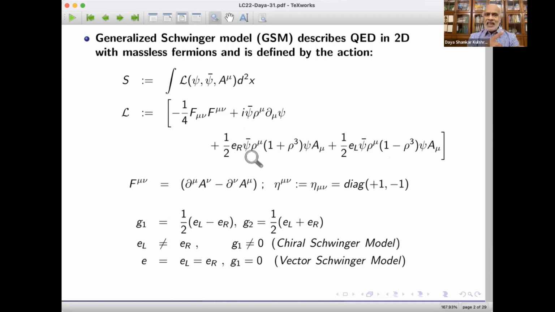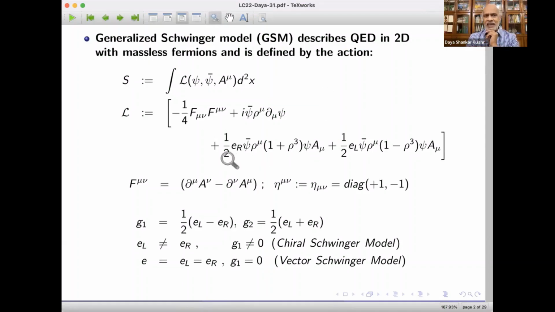So if you set EL equal to ER, then this would be the vector Schwinger model. And if you set EL not equal to ER, whatever they are, if they are unequal to each other, then that belongs to the case of so-called chiral Schwinger model or chiral theories.